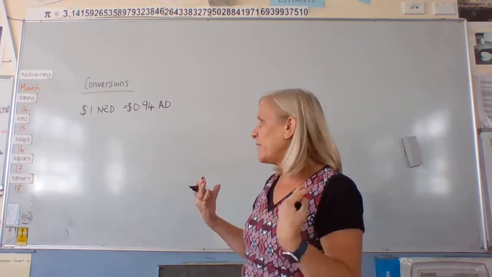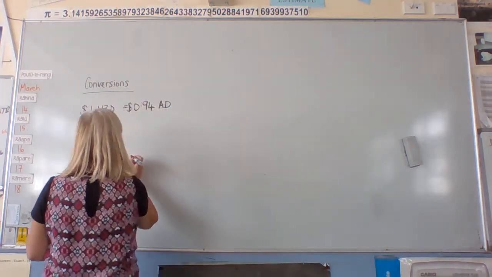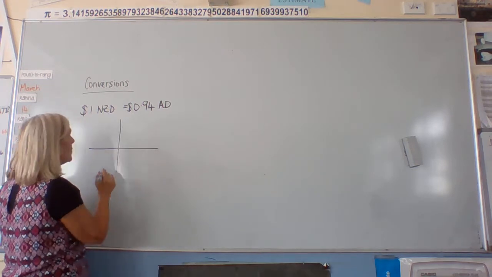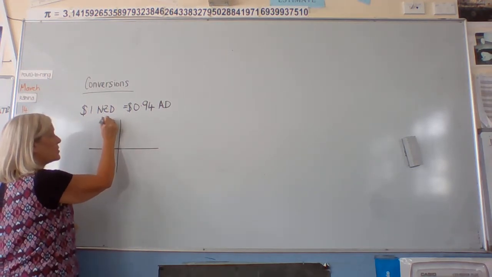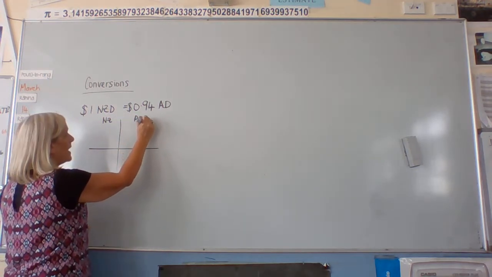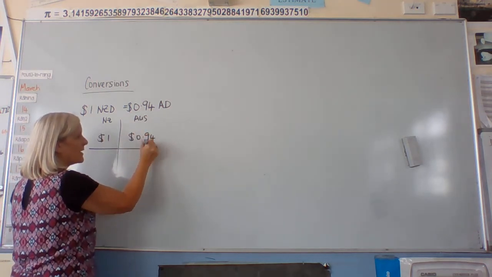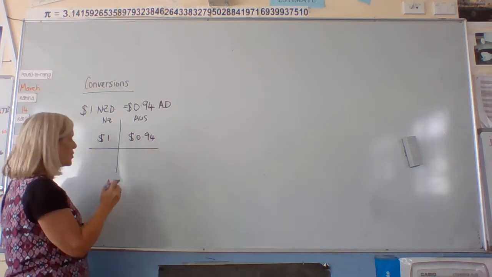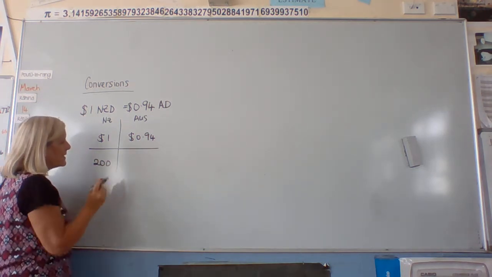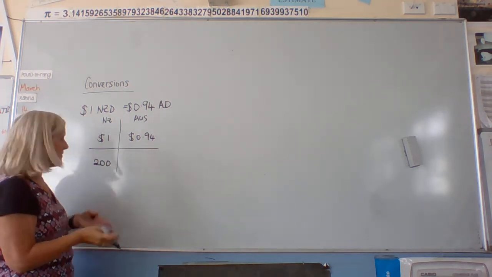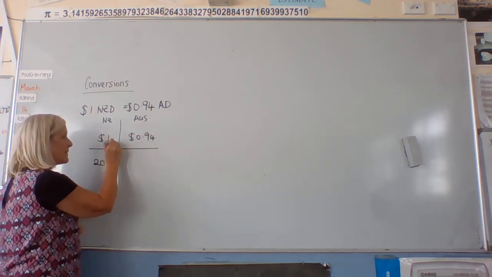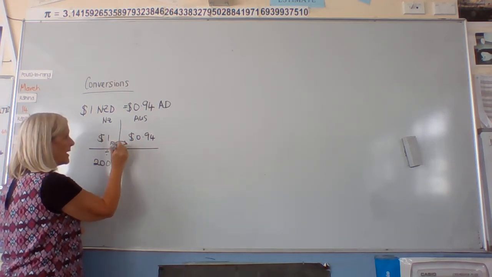So what we do, I found, is to set up a table, just a very ordinary cross, and we put our rate at the top. So this is New Zealand, this is Australian, and $1 here is worth 94 cents in Australia. So I've got $200. All right? So the way we do this is we divide upwards and then multiply across.